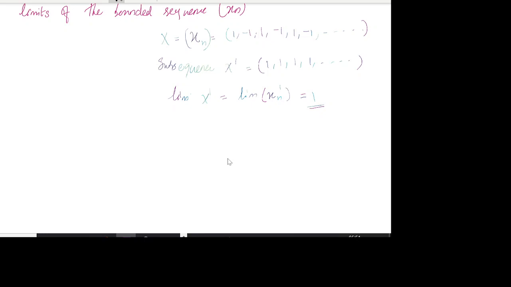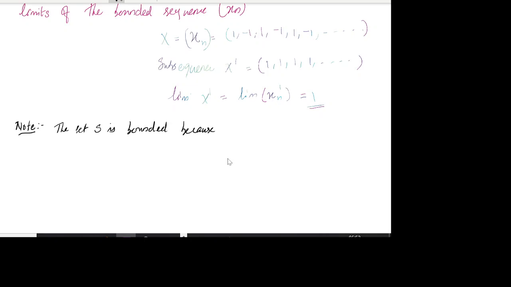Now here we can note one thing, that the set S is bounded. What is the reason?